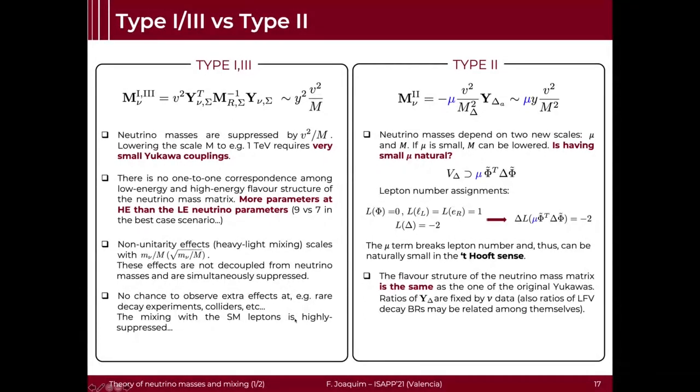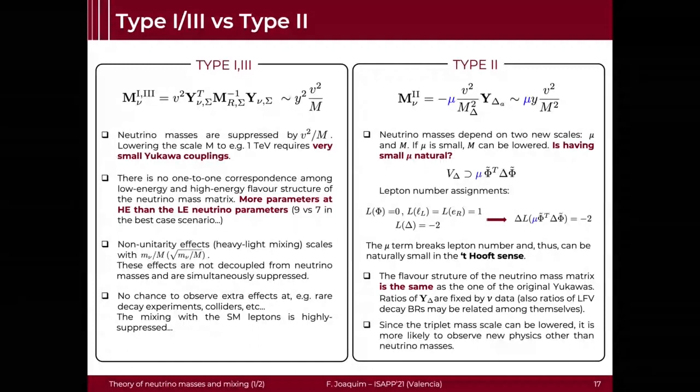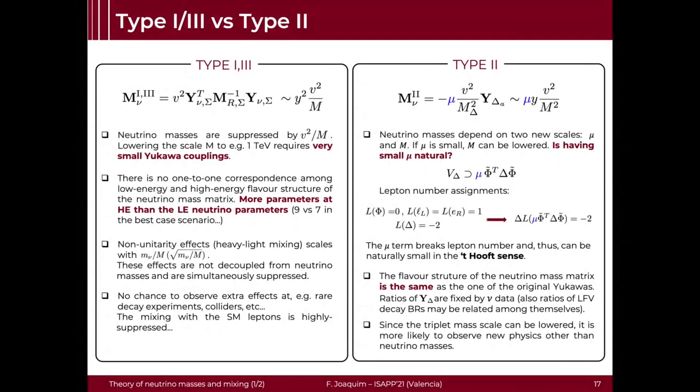And the mixing with the standard model leptons is highly suppressed. Here, since the triplet mass scale can be lowered, it is more likely that we could observe new physics effects other than neutrino masses, for instance at the LHC.